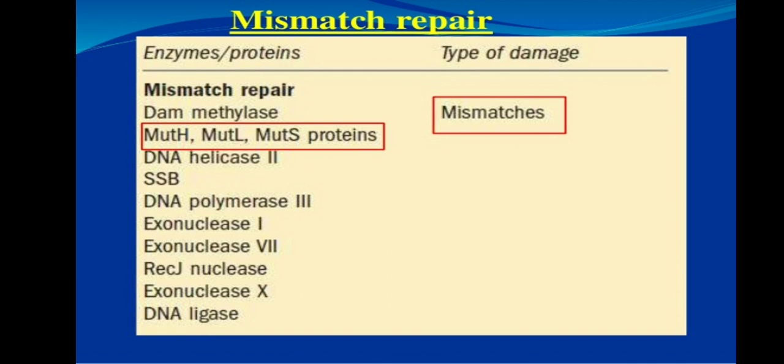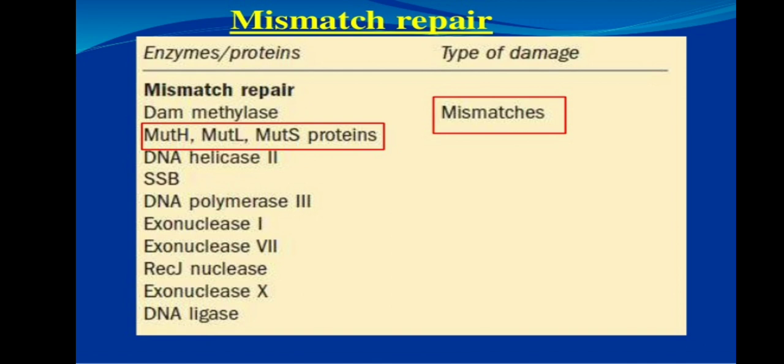So instead of cytosine, if thymine is incorporated opposite guanine, it leads to a guanine thymine mismatch. This repair system must discriminate between the parental and the newly synthesized strands and remove the mismatch specifically from the newly synthesized DNA.